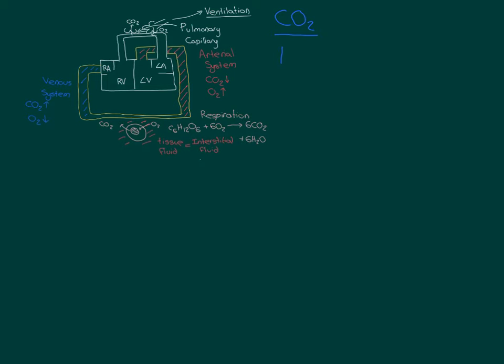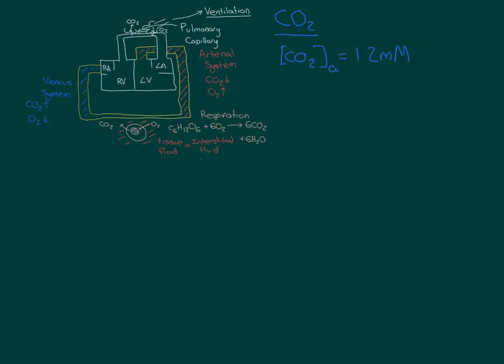So the concentration of dissolved carbon dioxide in the arterial system, so I've put square brackets around carbon dioxide here to indicate that I'm talking about concentration of carbon dioxide, and this A here is indicating that I'm talking about in the arterial blood. It's around 1.2 millimolar, so 1.2 millimoles per litre of blood.